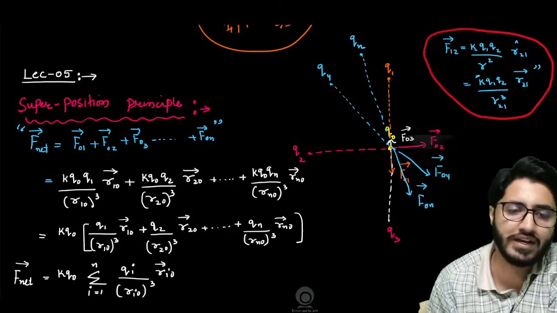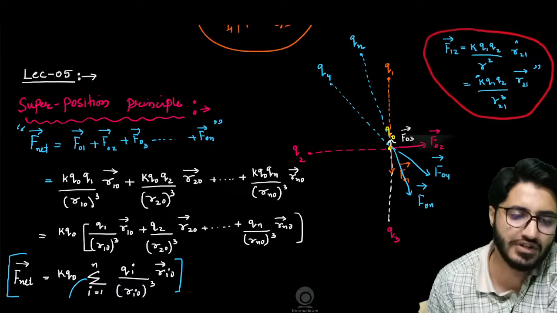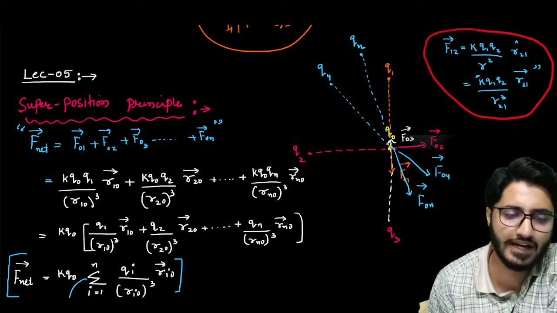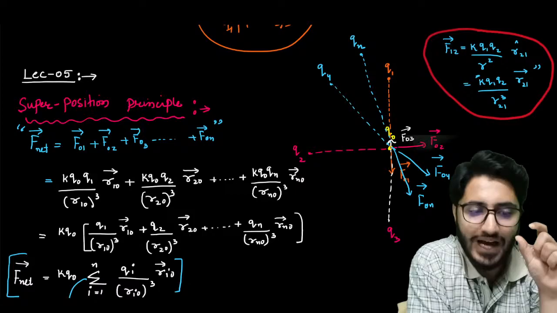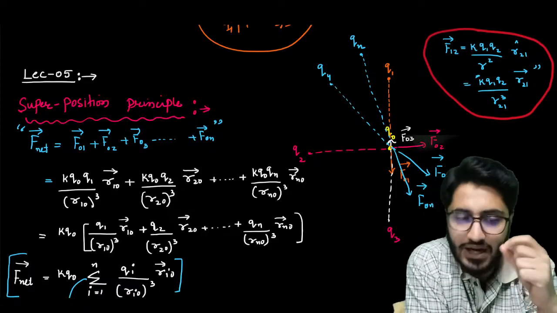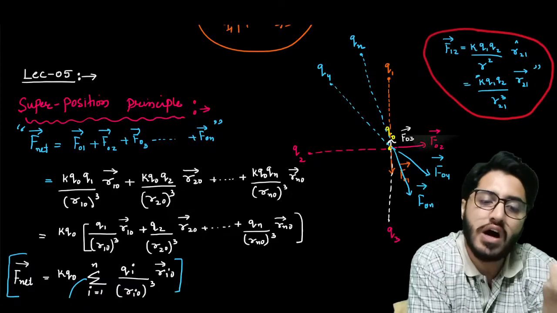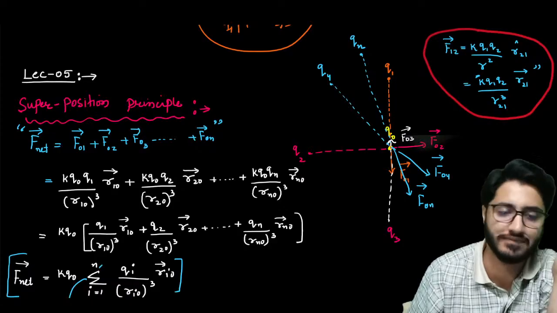This is how we can represent this in a very shortcut way. What does this summation symbol represent? It is sum. That means firstly we put i equals 1, then plus i equals 2, then plus i equals 3, up to n. So initially we start with 1 and end at n.